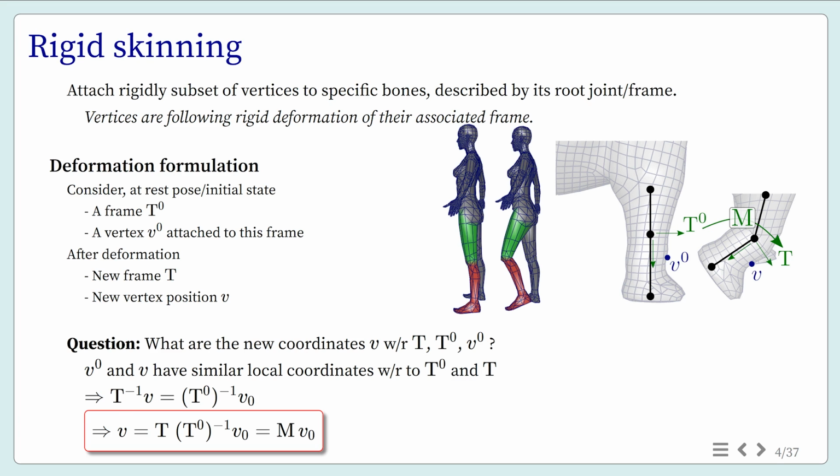So at the end we can express V as the product T times T0 inverse times V0. Or another way to derive this relation is to note that the deformation matrix M that deforms the frame T0 to the frame T is expressed by T times T0 inverse, and then we need to apply M to V0 to get the coordinates of V.